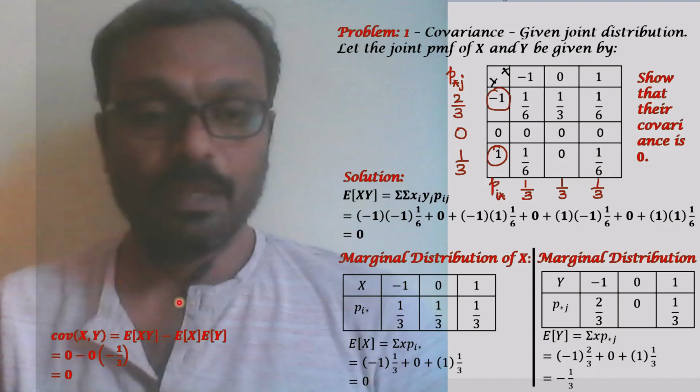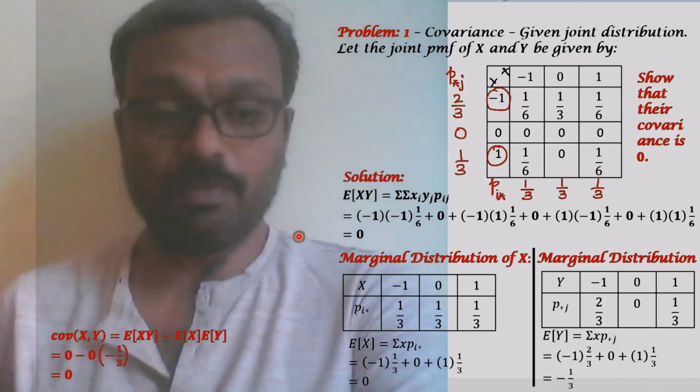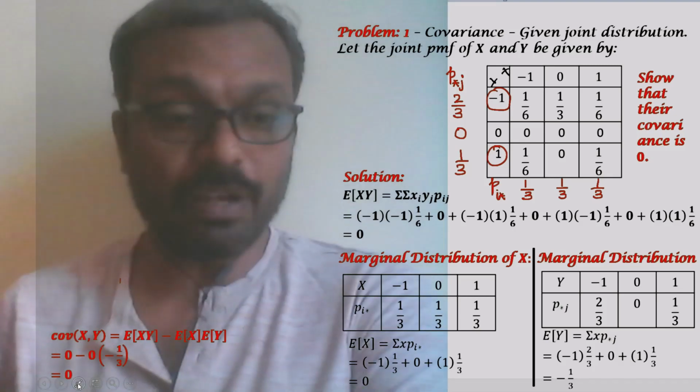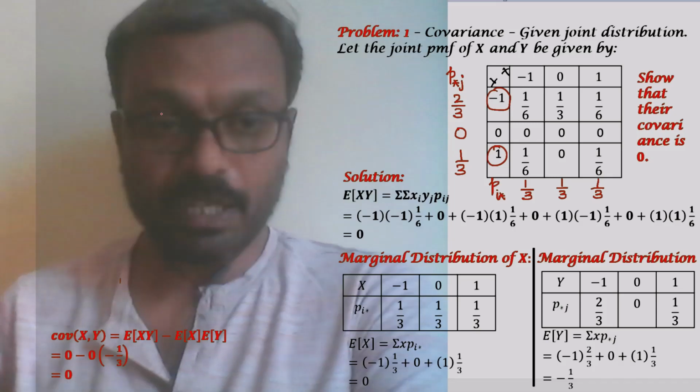So the covariance of x and y is 0. This need not imply that the random variables are independent, because if you take P of x is equal to minus 1, y is equal to minus 1, from the tabular column the value is 1 by 6.